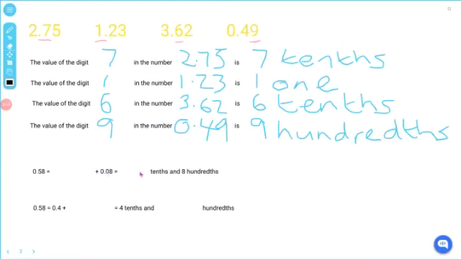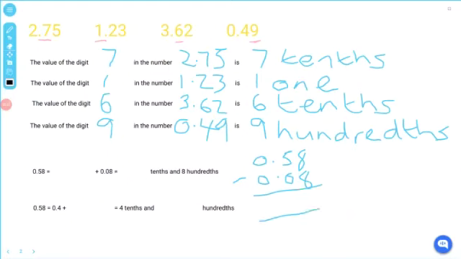So what we're looking at finding is the tenths. Okay, so what we need to do is a subtraction. So we're going to write 0.58 take away 0.08. And this will give us our answer for our tenths column.